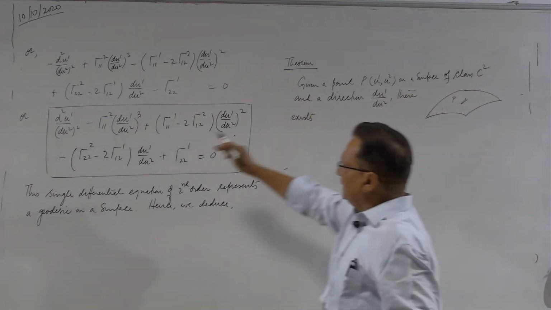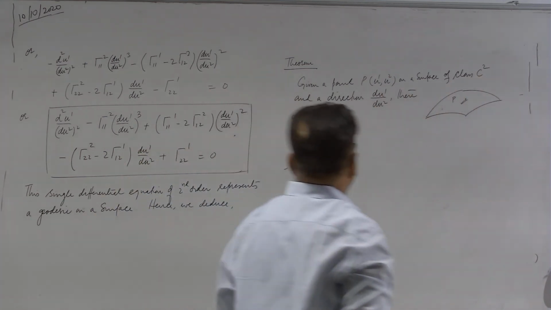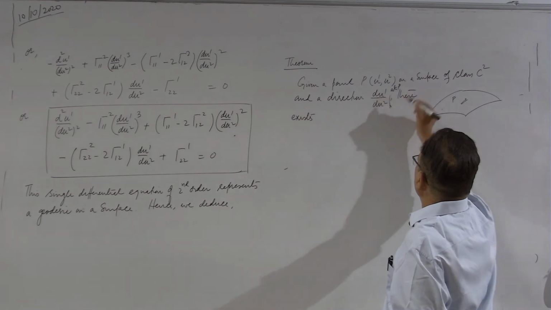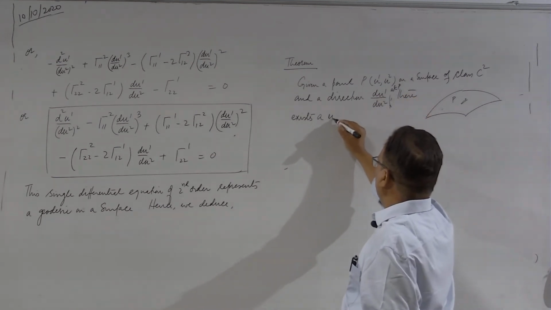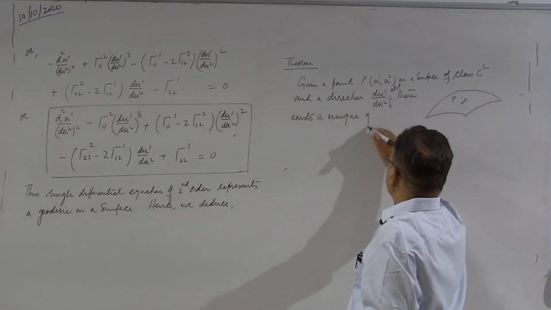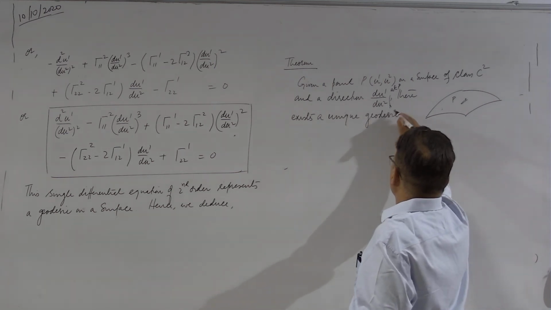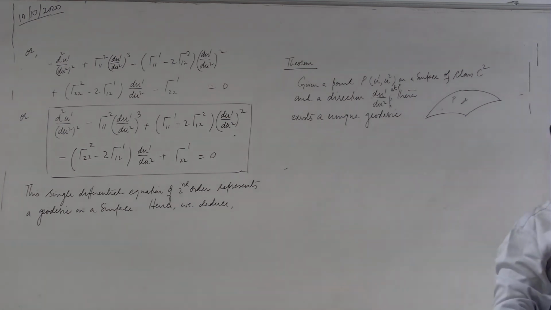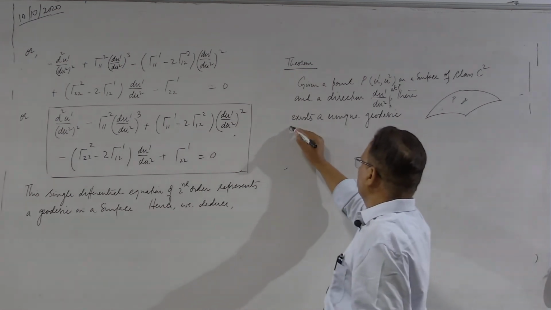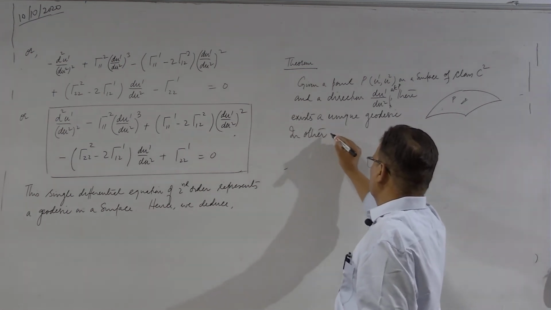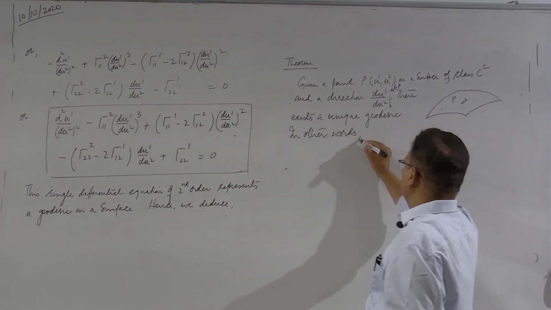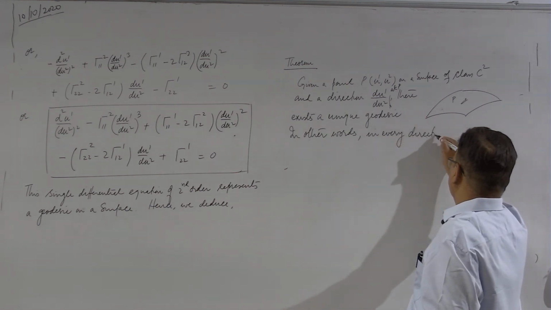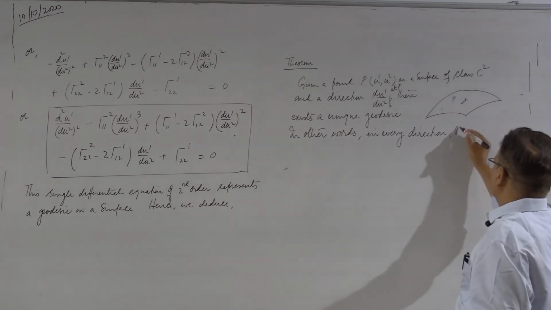C2, because you need at least second order derivatives, of class C2, and a direction at P, there exists a unique geodesic. In other words, in every direction there exists a unique geodesic.